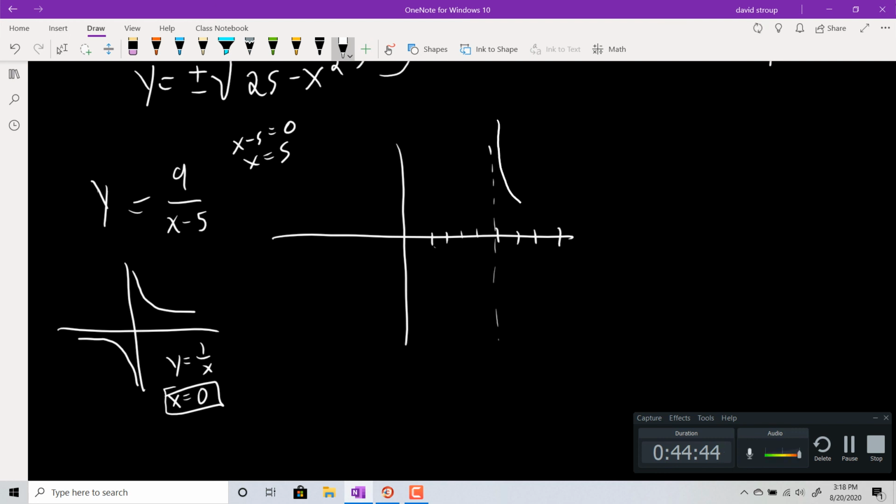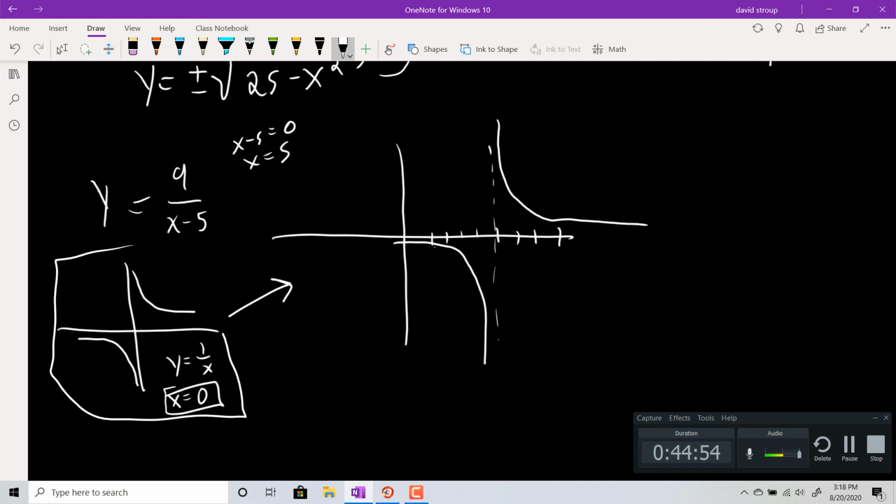It'll just sort of stretch it, and you could do some point plotting if you need to know exactly where it goes. But in the end, it's just basically going to be a shifted version of this original graph by 5 to the right. Okay, and then there's a little stretching, but honestly, it's not going to affect the graph too much. Okay, so let's leave it at that, and I'll see you next time.